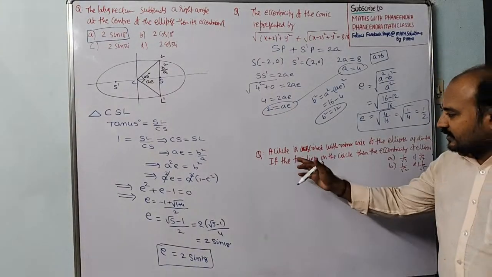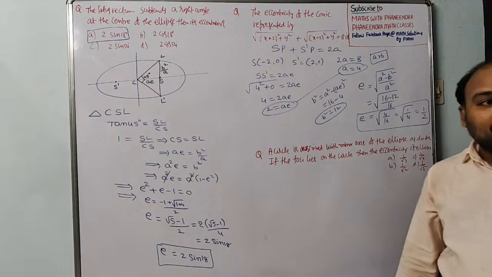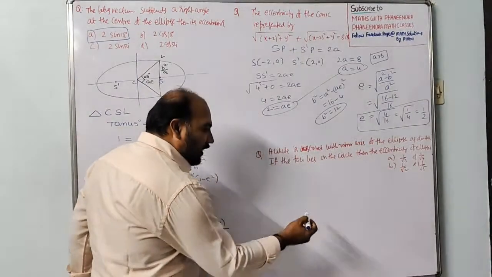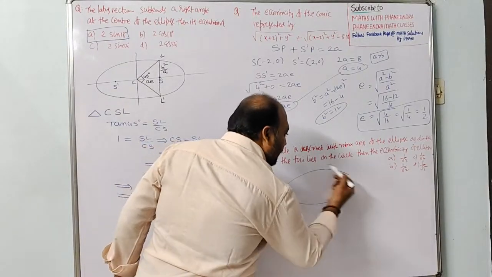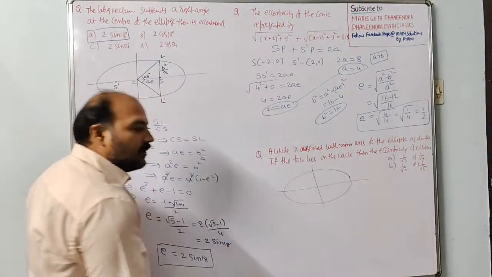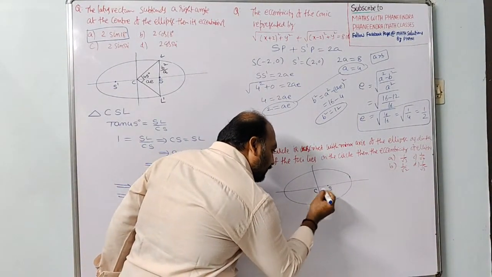In this question, a circle is described with the minor axis of the ellipse as a diameter. So the figure we can draw like this. This is the ellipse equation, with center and foci.